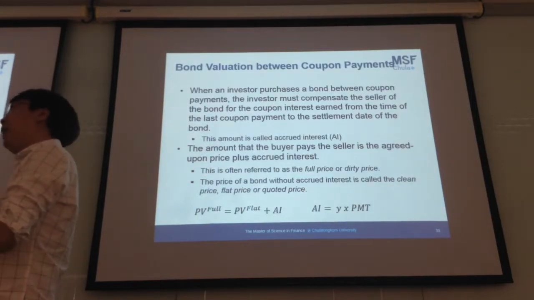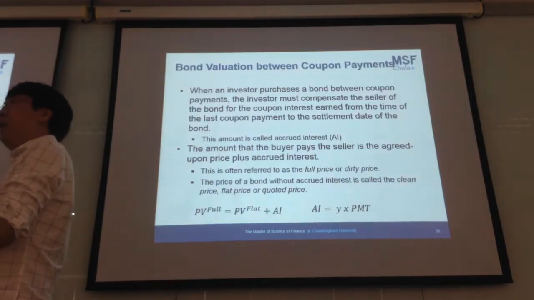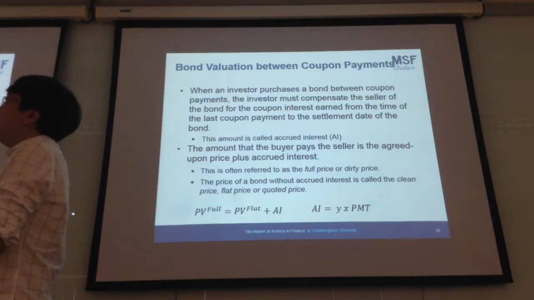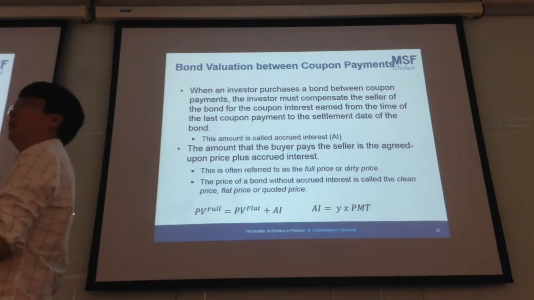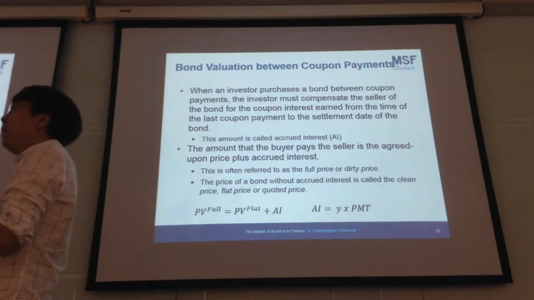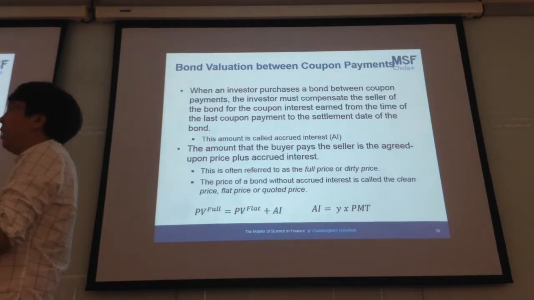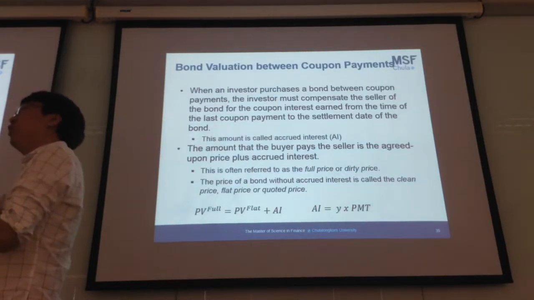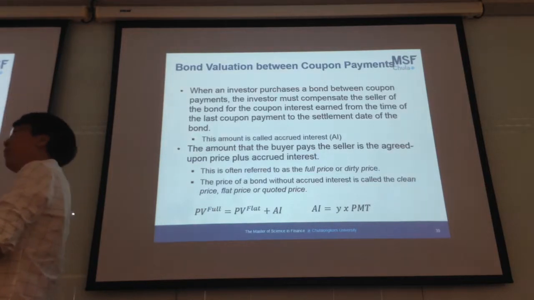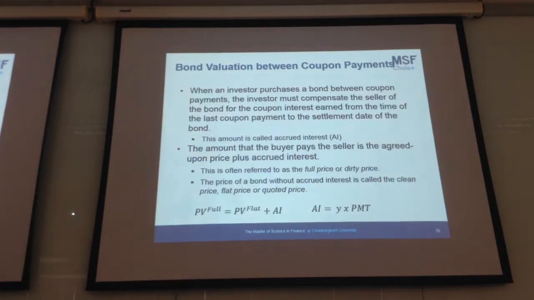Given that today and tomorrow the market interest rate is unchanged, basically you have to submit the same price tomorrow and today, right? If you submit a full price, it will not be the same because of this term, right?